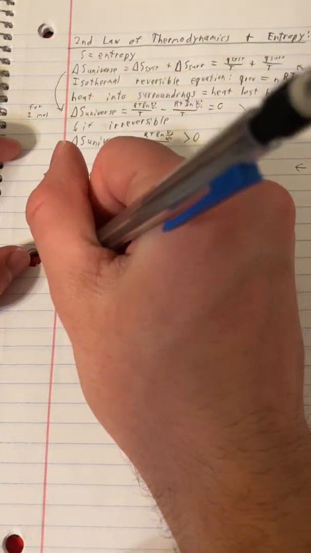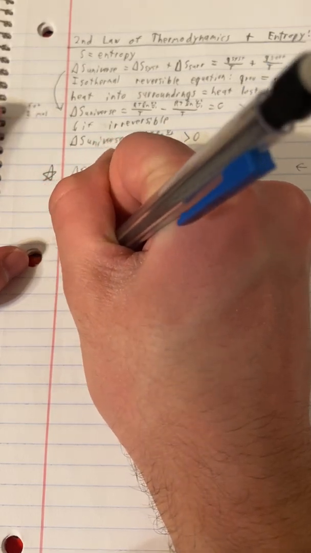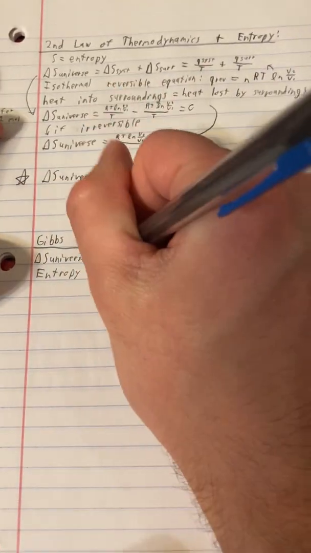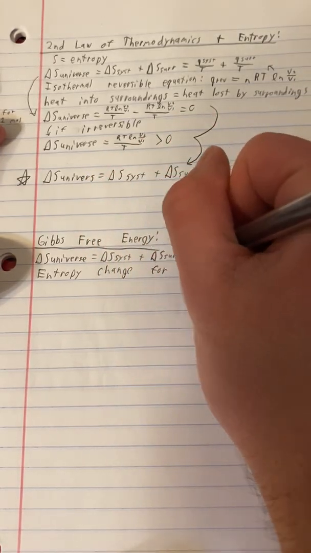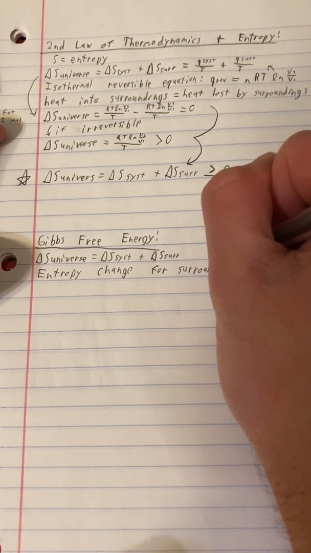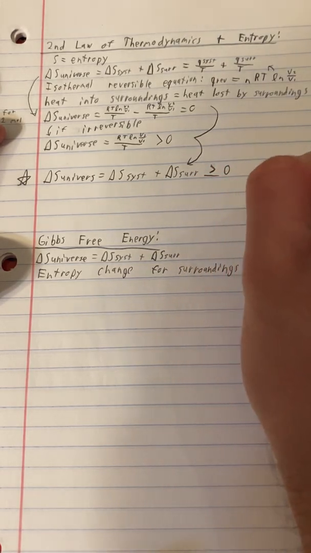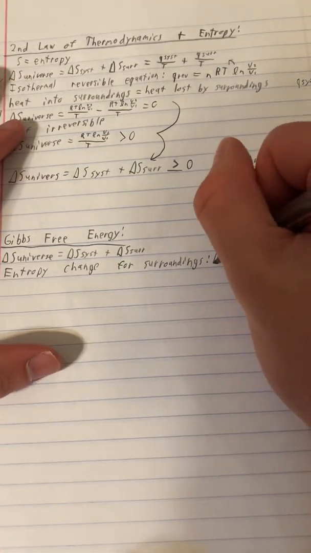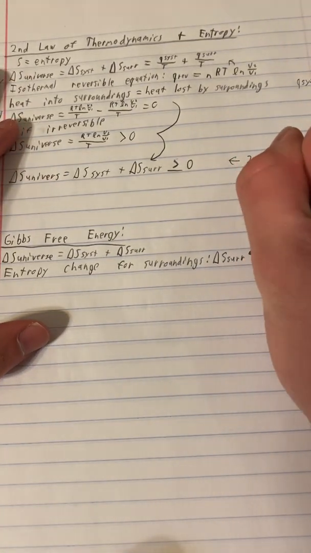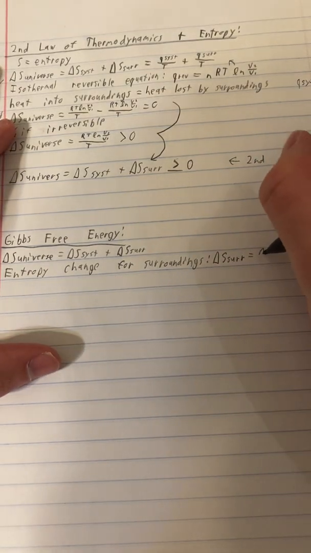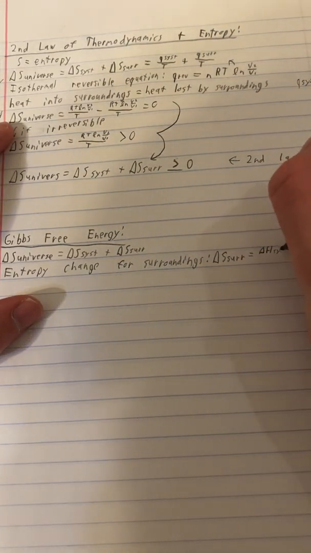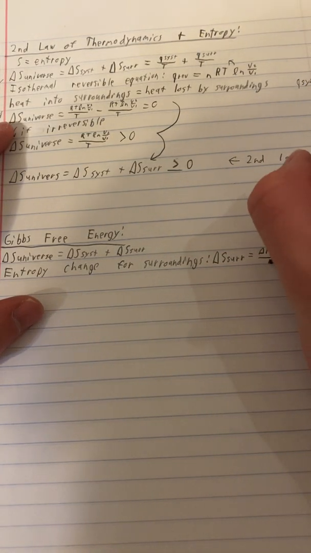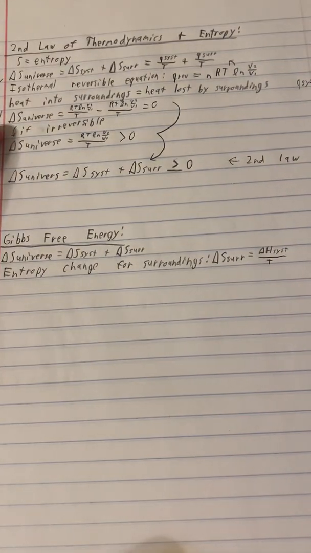Now the entropy change for the surroundings, delta S surroundings, is equal to negative delta H of the system over T, and delta H is the change in heat.